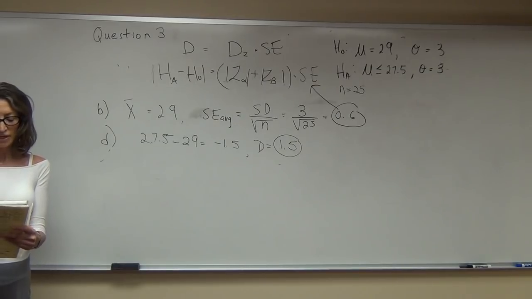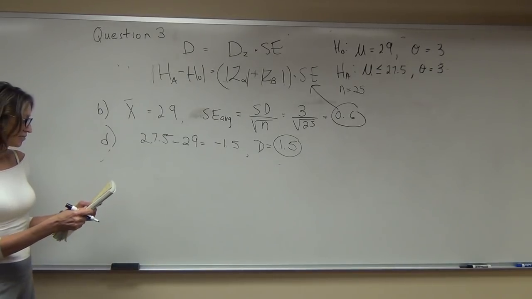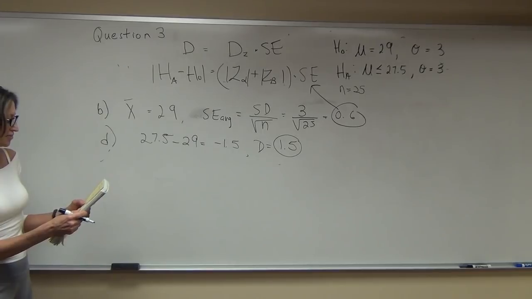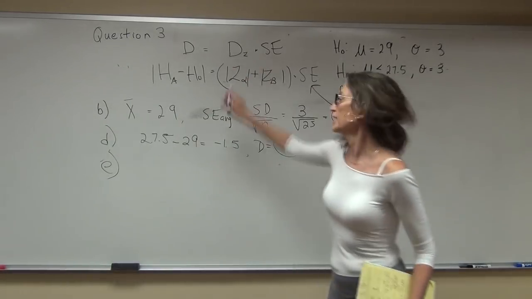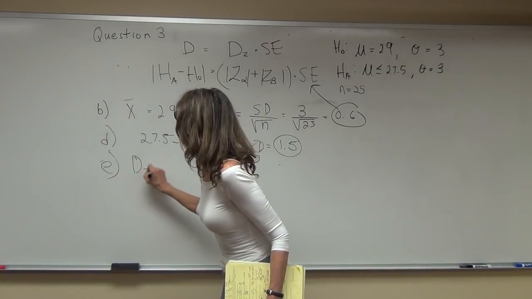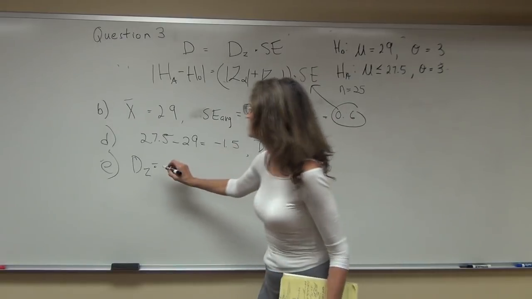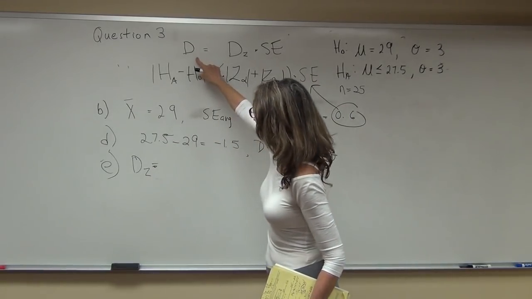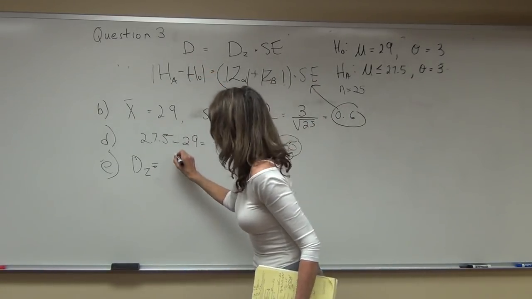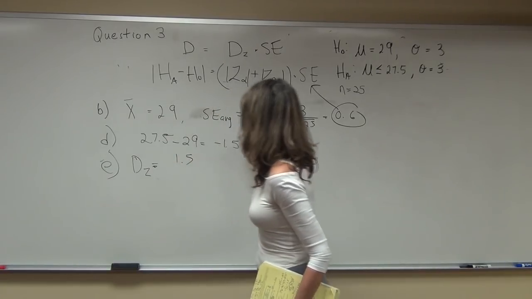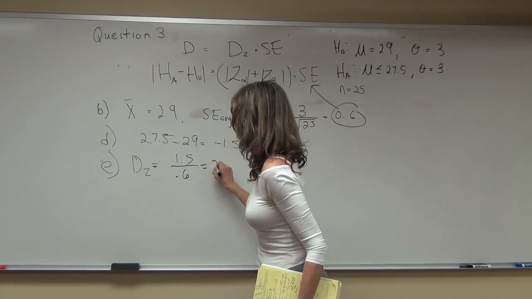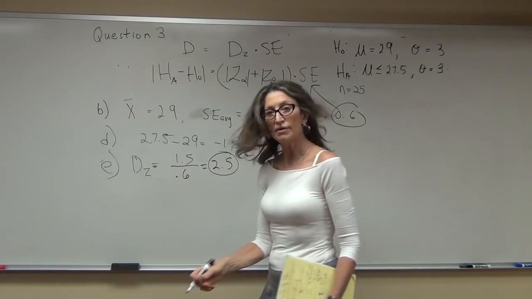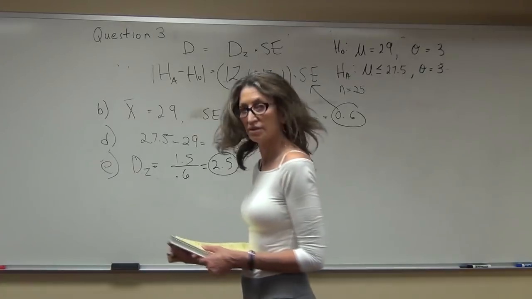Now E: the effect size in standard units, dz. So here we are. dz is, we know this one is 1.5, and we know this is 0.6. So dz is just 2.5. So that's our distance in z-scores.